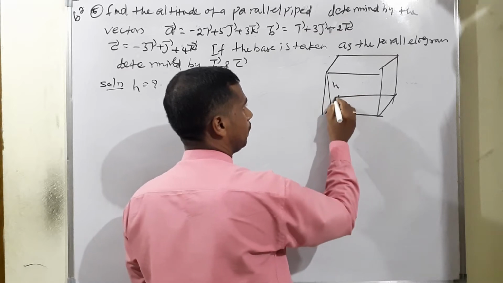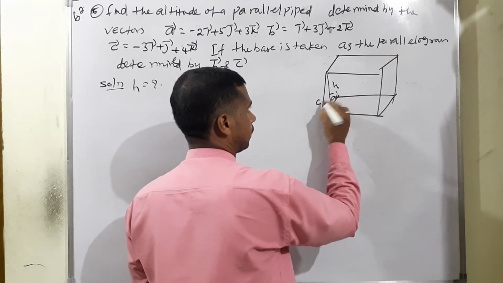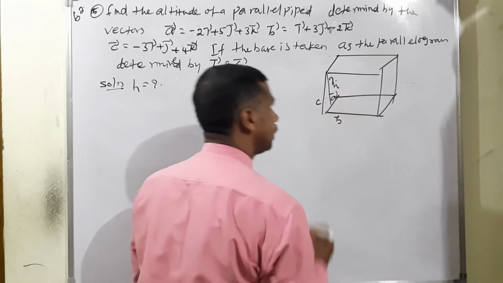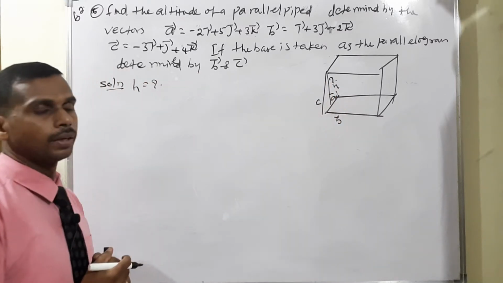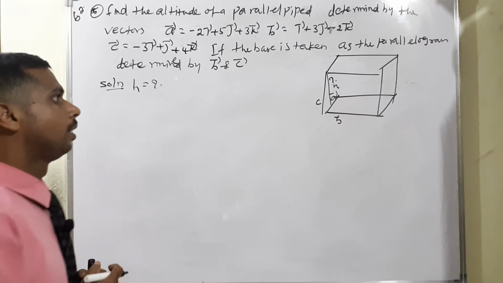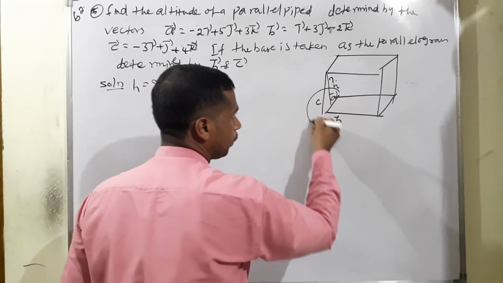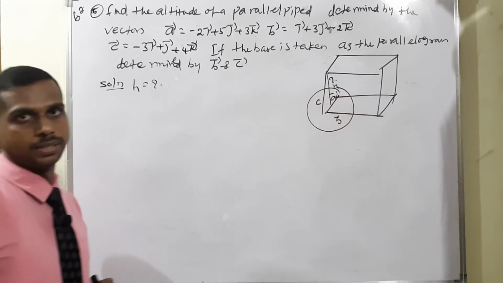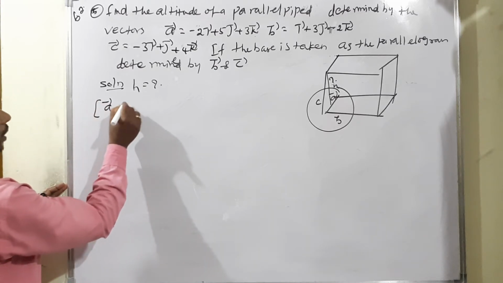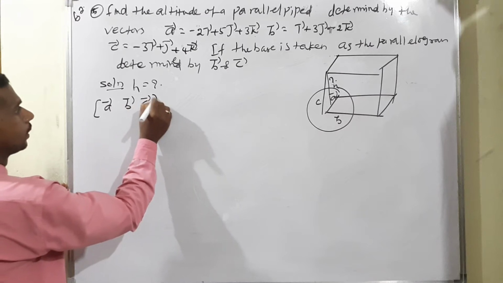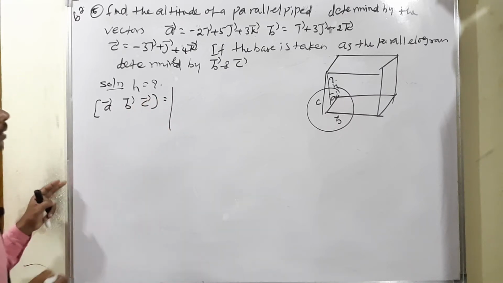This is considered for B, this is A, and this is considered for C. After getting the height, we apply the parallelogram determined by B vector and C vector. First we need to find the volume of the parallelepiped A, B, C, which we already know. The formula is the box product of A vector, B vector, C vector, equal to the determinant.